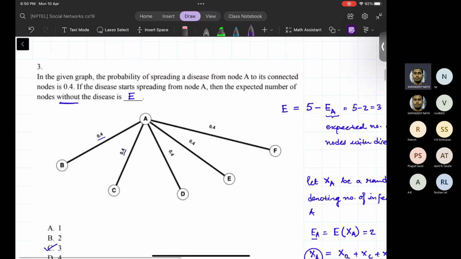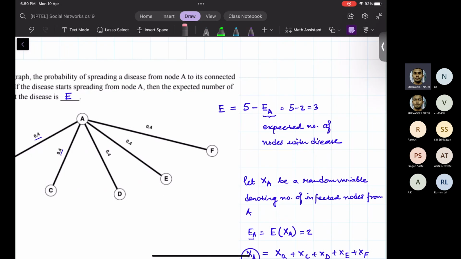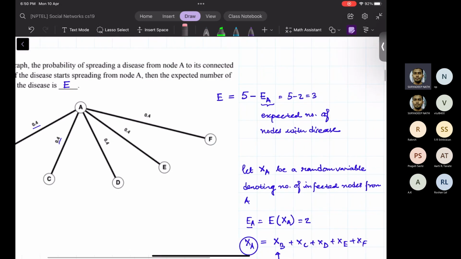Coming to question number 3, in the given graph, the probability of spreading a disease from node A to its connected nodes is 0.4. If the disease starts spreading from A, then the expected number of nodes without disease, let us call that E, can be written as E equals 5 minus EA. 5 is the total number of nodes that can be infected, and EA is the expected number of nodes that get infected by it, the expected number of nodes with the disease.